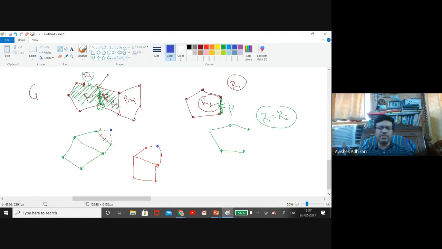Okay. So it's basically subdivided again. So it may happen that again you may remove this edge and insert one more vertex and add the edges. So again this is called subdivision. Okay.